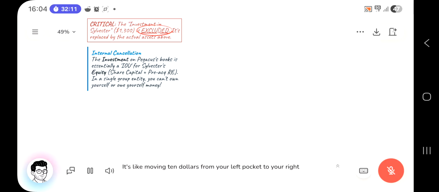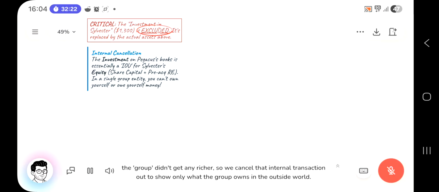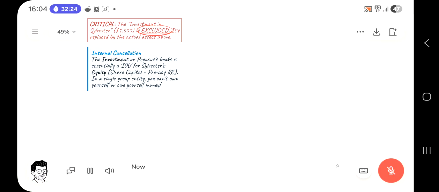The group didn't get any richer, so we cancel that internal transaction out to show only what the group owns in the outside world. Now that we've cleared up the assets and why that investment disappears, do you feel ready to move on to a different problem? Or is there any other part of this balance sheet that looks a bit fuzzy?